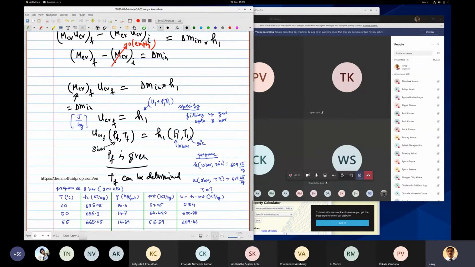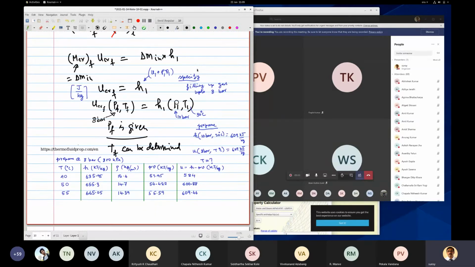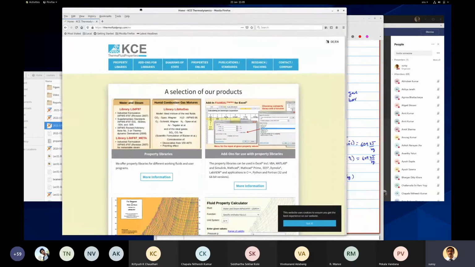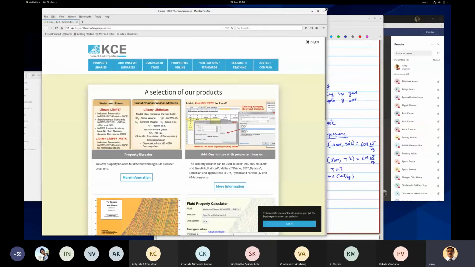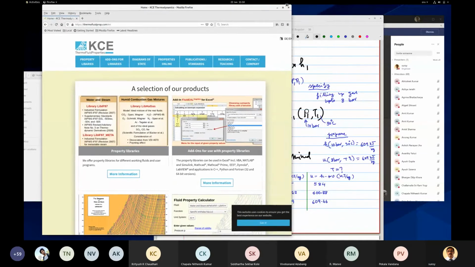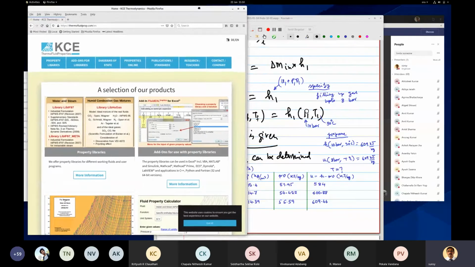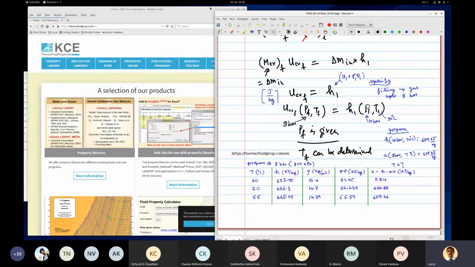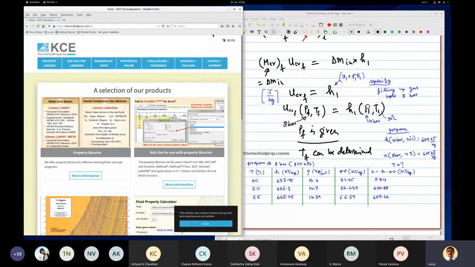T_F can be determined because it is given, right? How do you determine it? Let us see. Yesterday we had some difficulty, so this is how we will do it. So propane at 8 bar, that means 800 kilopascal. Now let us go here and see.